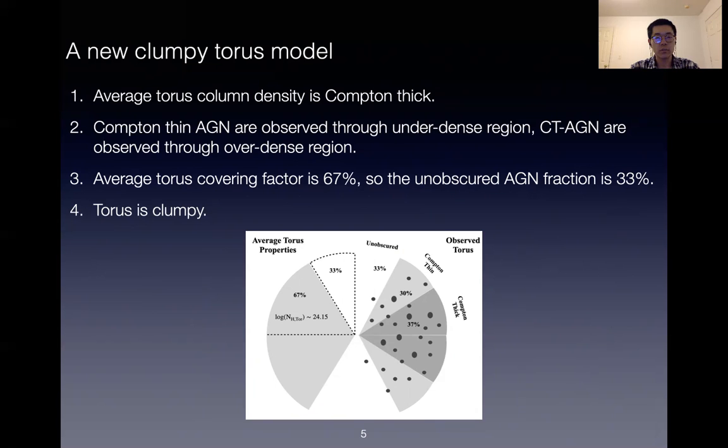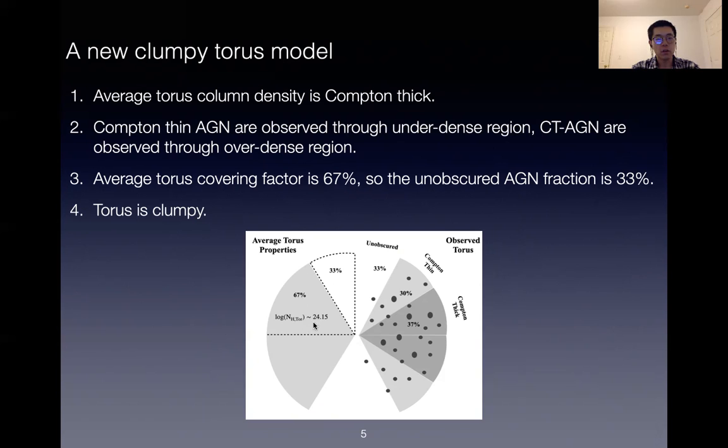So using the information we obtained from previous slides, we built a new clumpy torus model for different types of AGN. In this model, we assume, firstly, the average torus column density is Compton-thick. The Compton-thin AGN are observed through an underdense region, and the Compton-thick AGN are observed through an overdense region, and the unobscured AGN are observed through the region which does not cross the obscuring torus.